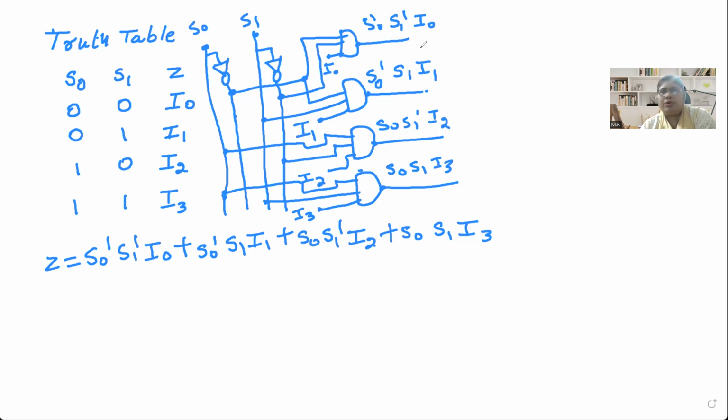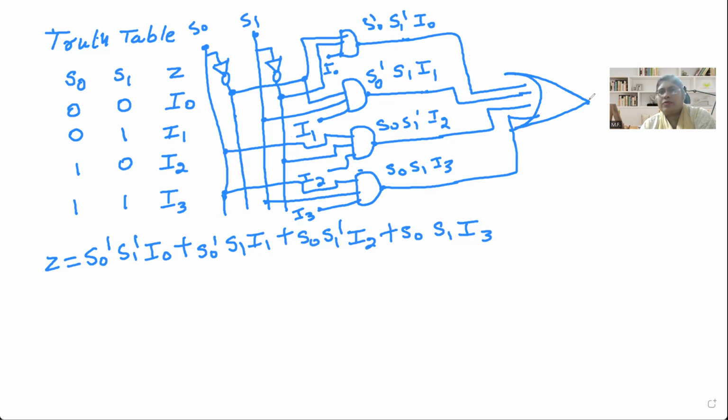Now, to connect all this, one OR gate is required. To connect all this, I'm drawing one OR gate here. So output is taken from here.